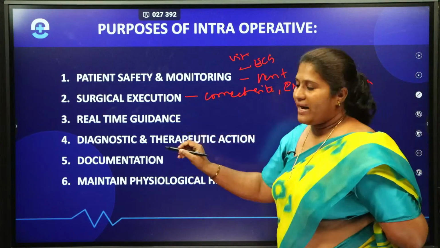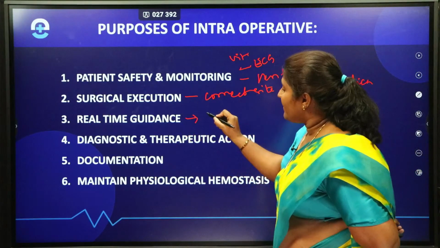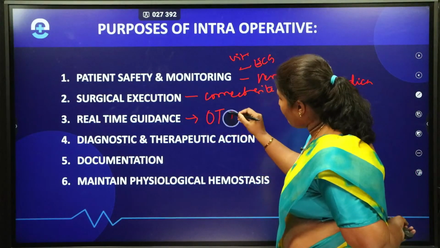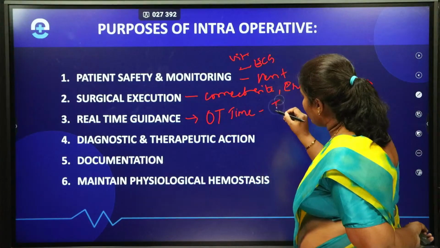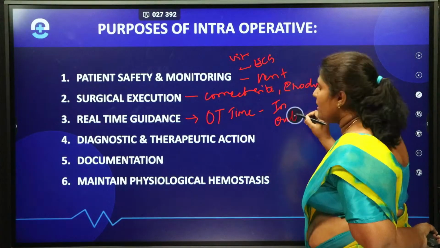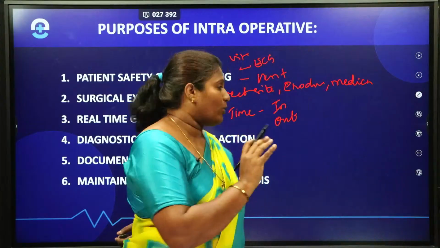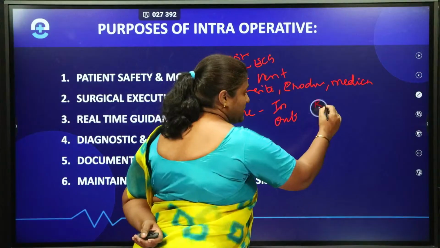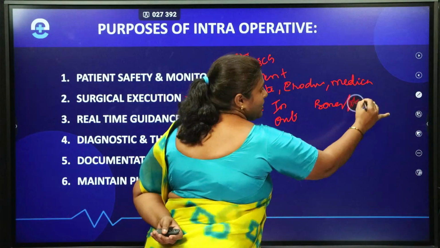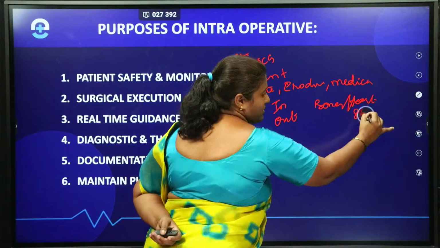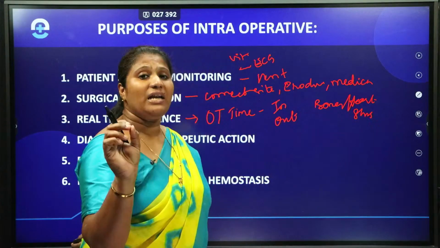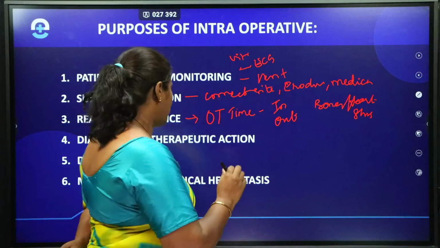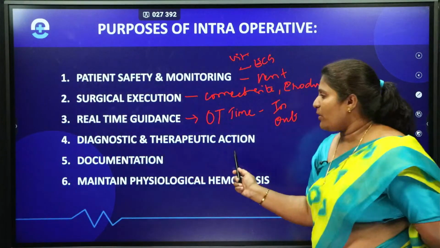Then real-time guidance. We need to record the correct time the patient comes in and out of the OT, because some procedures have extensions, for example bone surgeries and heart surgeries, which can take more than 8 hours. So we maintain the in and out time because we need to see the patient's health conditions also.